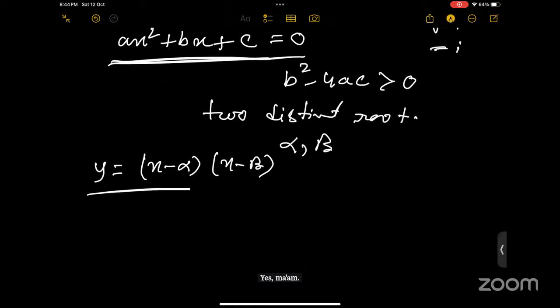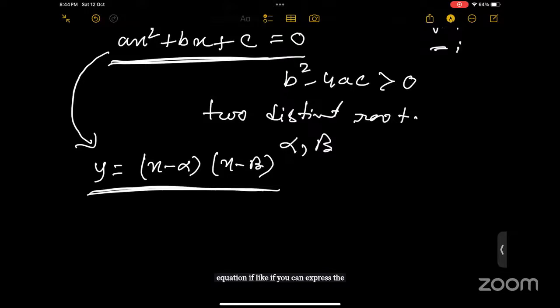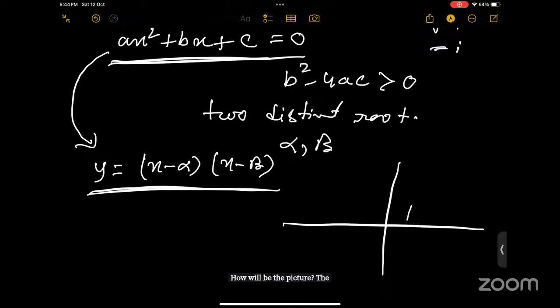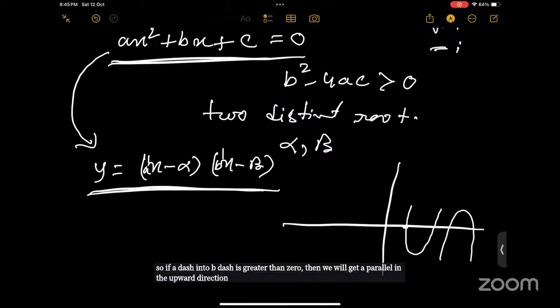So if we can express the standard form as this type of equation, then how will the picture be? The picture will be something like this or something like that. Here there will be some constants, a dash and b dash, suppose. If a dash into b dash is greater than 0, then we will get a parabola in the upward direction which will cut the x-axis at two points, because we have two distinct roots.